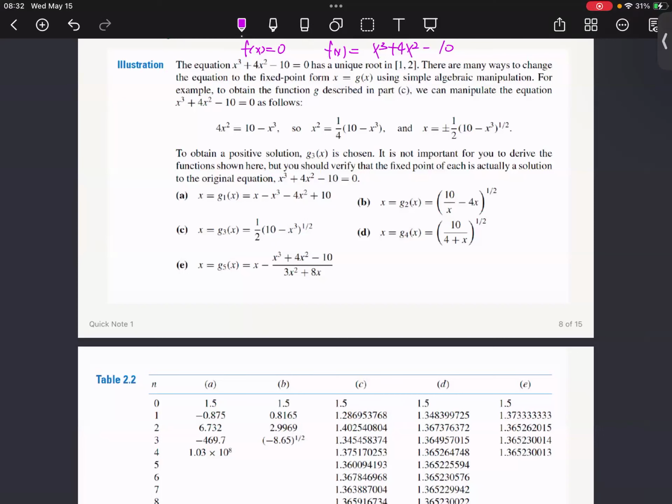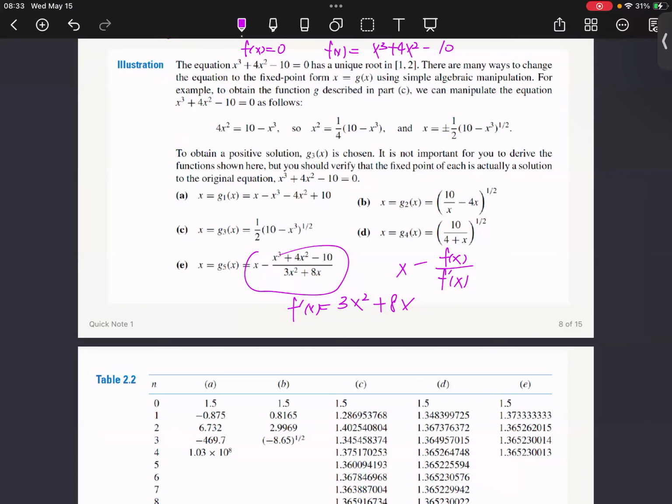And if you take a look at the format here, it's x minus f(x) divided by f prime(x). And f prime(x) is just equal to 3x squared plus 8x, which is the derivative of f(x).